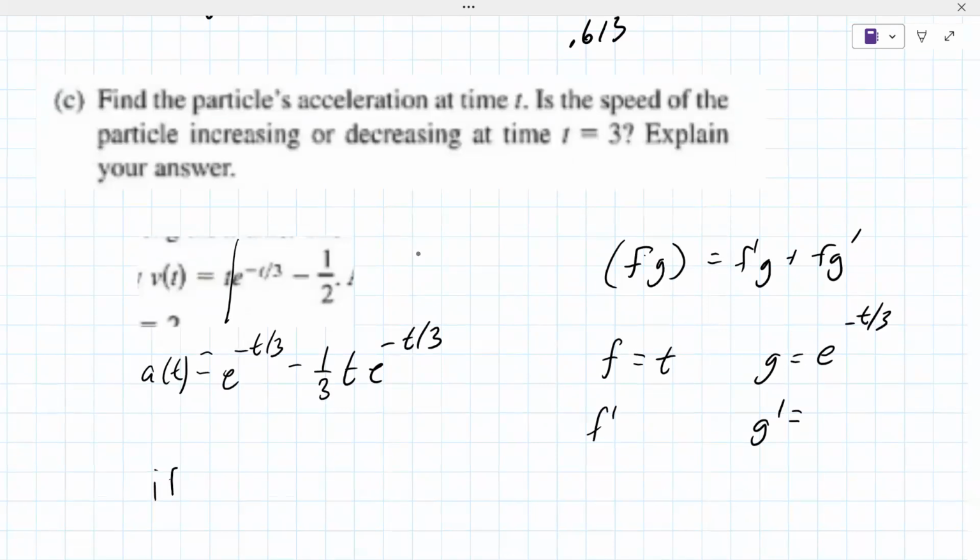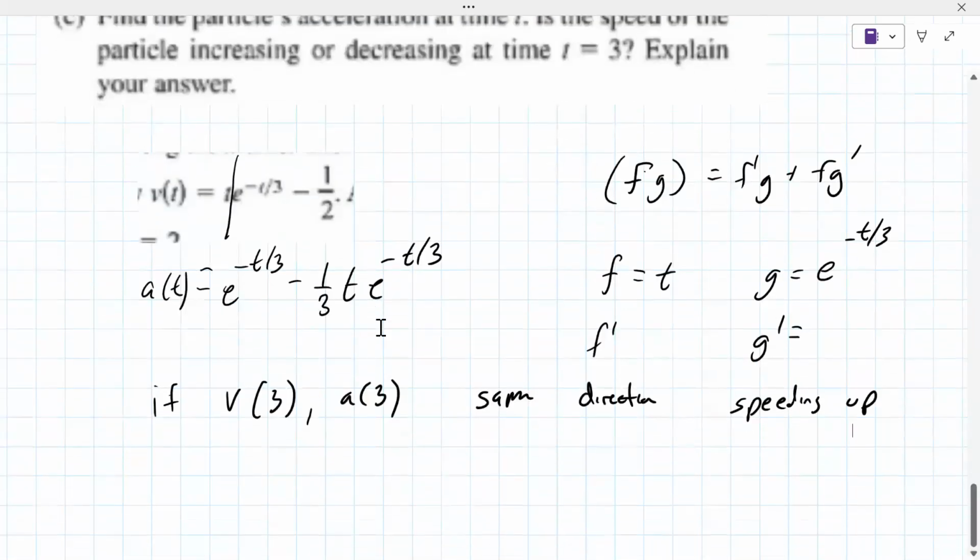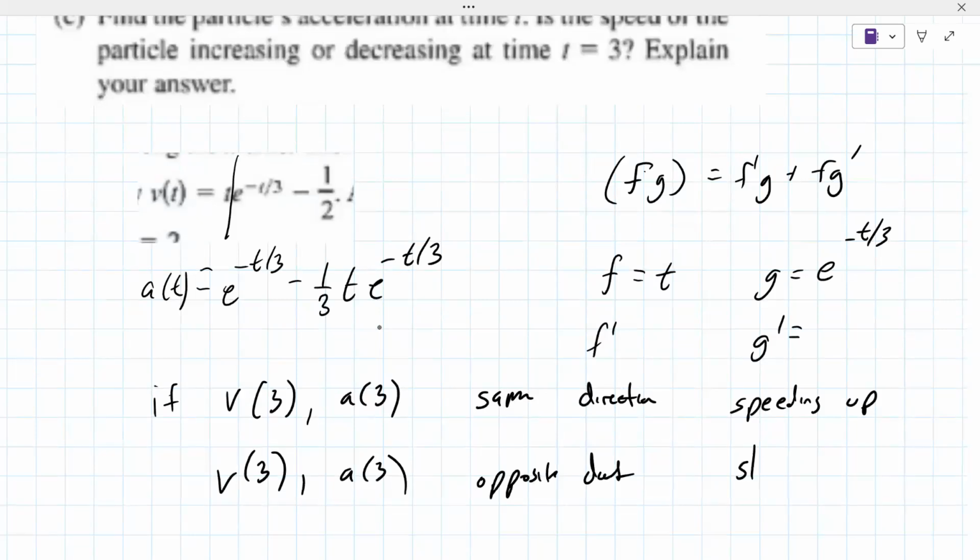If v of 3 and a of 3 are in the same direction, either both positive or both negative, it's speeding up or increasing, you could say. And if v of 3 and a of 3 are in opposite directions, one positive and one negative, then it's slowing down.